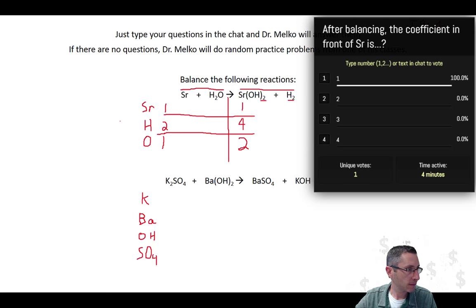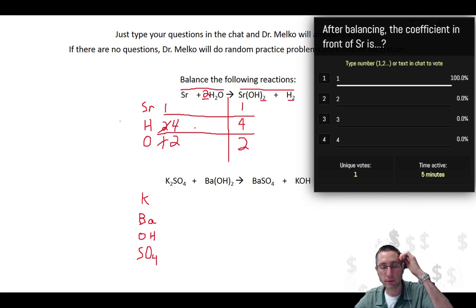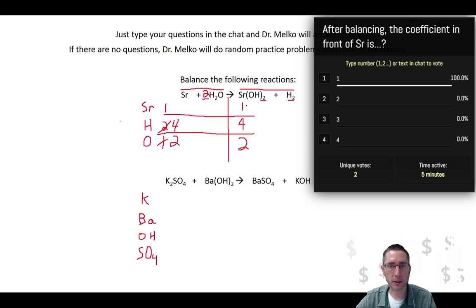Winning. So we need to up the hydrogens and the oxygens, obviously, on the left. So this one coefficient out in front of water, I'm just going to up to 2. Might as well increase it, see where that gets us. Now we have 4 hydrogens on the left and 2 oxygens. And now we're done, because now we're at 4 on each side for hydrogen, 2 on each side for oxygen, and 1 on each side for strontium.